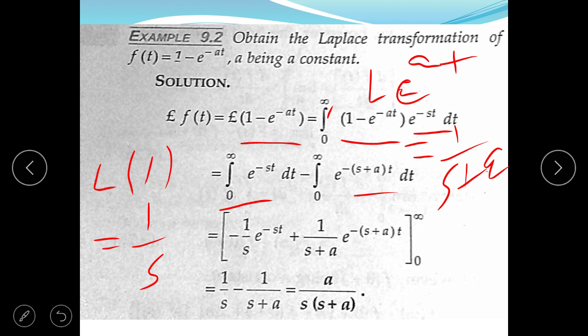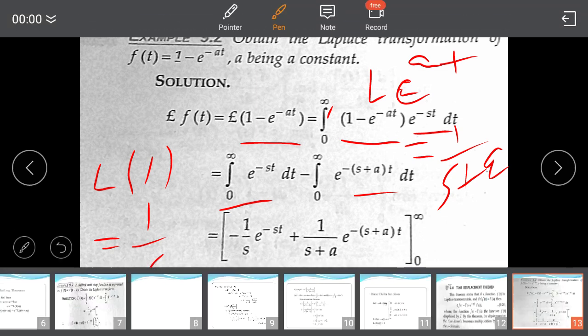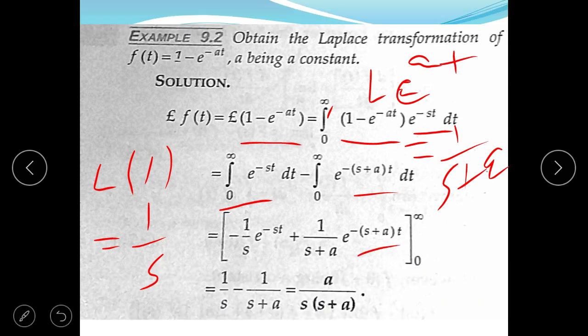We know that minus 1 upon s e to the power minus st plus 1 upon s plus a e to the power minus (s plus a)t, limit 0 to infinite. So we obtain 1 upon s minus 1 upon s plus a, that is a upon s(s plus a). This is the solution of this question.